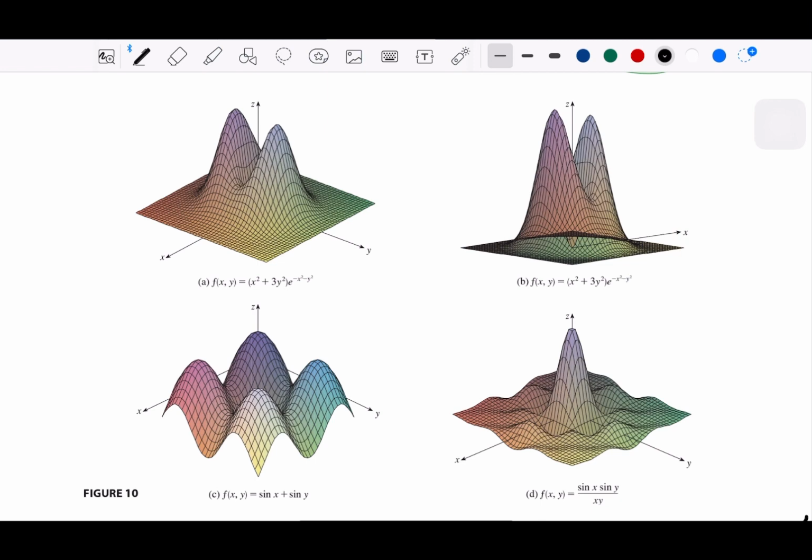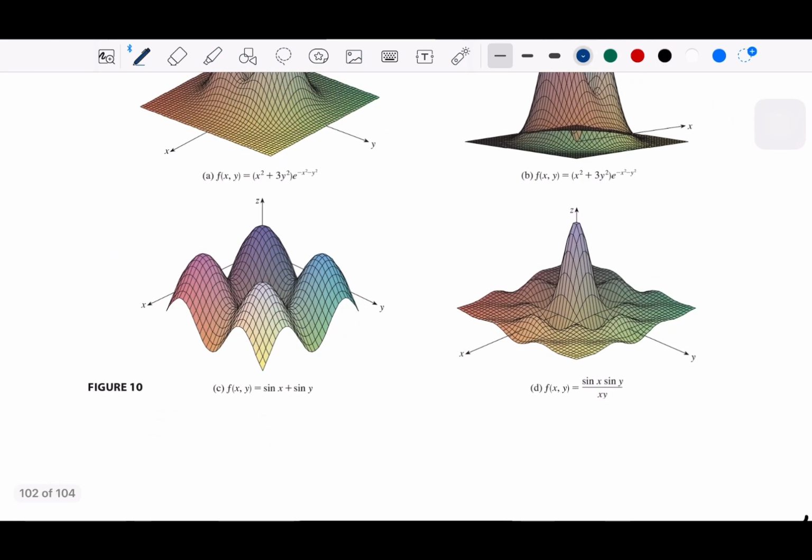Which means that, like how we describe Earth with mountains and so on, we can describe the contour easily within this function of 2 variables.